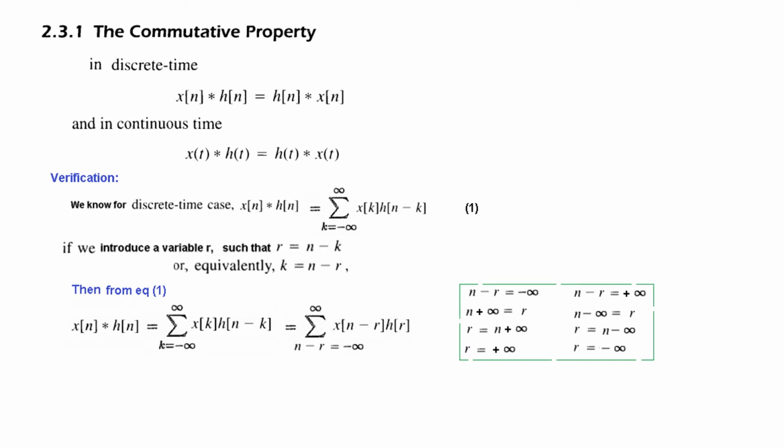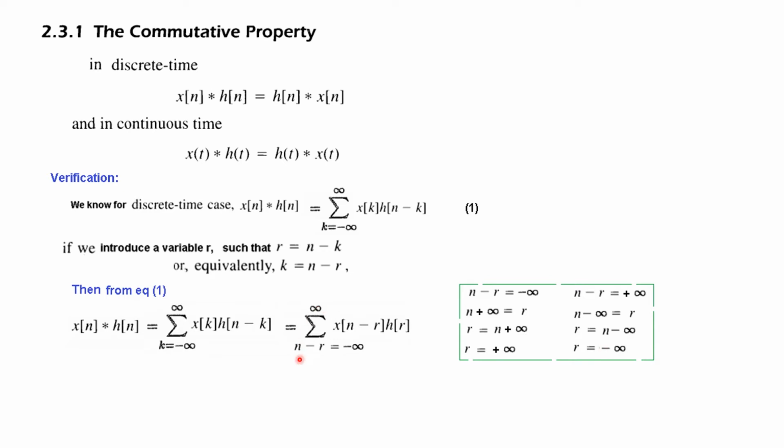Now for the other end, n minus r equal to plus infinity, in the same way we bring it here. So it is n minus infinity equal to r, and we can write r is equal to n minus infinity. Anything added with minus infinity will remain minus infinity. So the other limit of r is minus infinity.